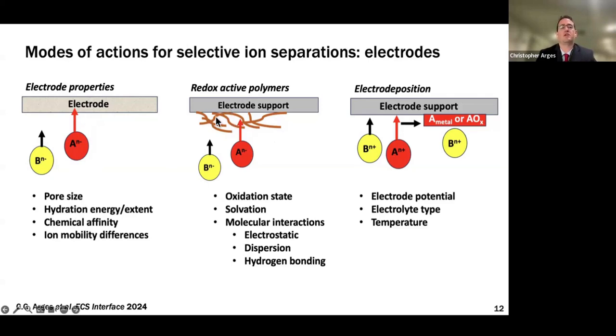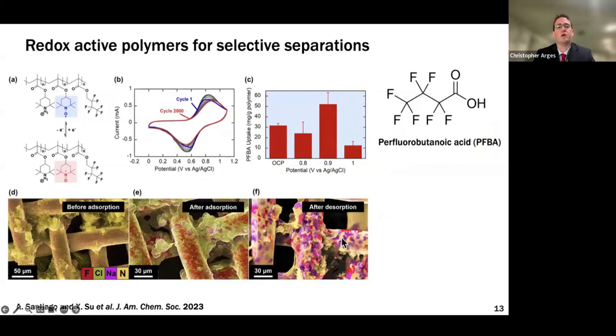This is where we change the oxidation state of these polymers, and then that can enable selective separation. The change in oxidation state can be done at a given potential. You can engineer these redox active polymers, like molecular engineering, to have different molecular interactions, such as dispersion and hydrogen bonding, that would enable a selective ion separation. And then we've talked previously about electrodeposition already.